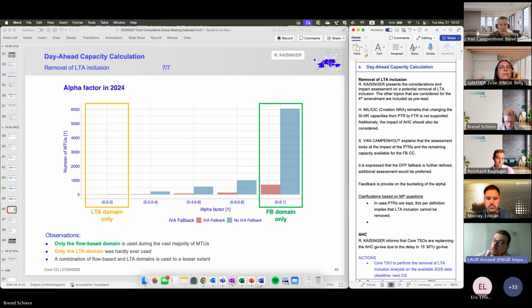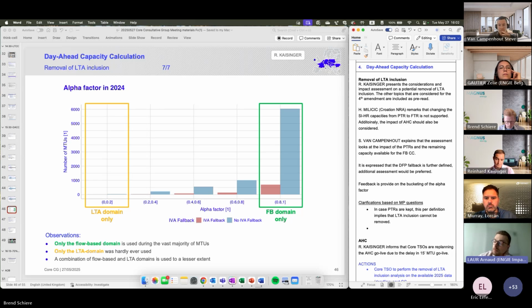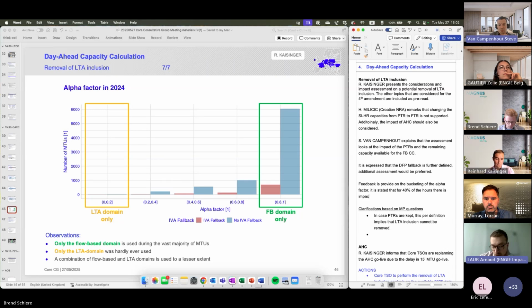So it's true that when you look at the maximum extremum of the domains, it doesn't maybe move always as much on 2024, but when you plot the entire duration curve of the alpha factor, what you notice is that 40% of the hours you have at least a partial influence of the LTA, which increases social welfare or conversely reduces system costs. So for me it's far from being only the flow-based domain that is being used.